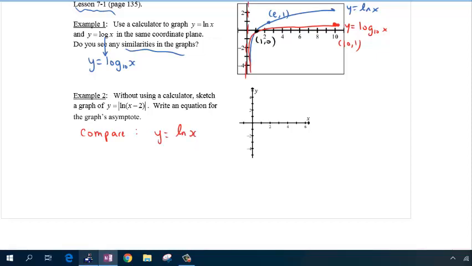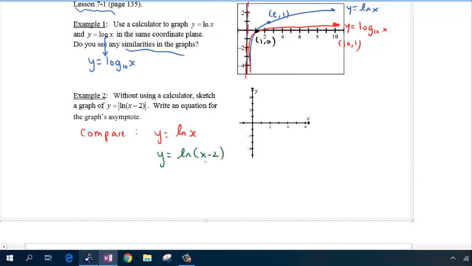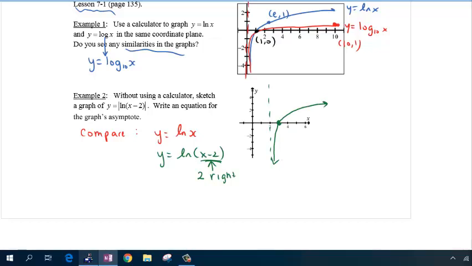If I change the x to x minus 2, how does that affect the function? Hopefully you remember that this is a transformation 2 to the right. So I can automatically say my asymptote is now 2 units to the right. That point (1, 0) is now at (3, 0), and I can quickly graph this out. There's my graph of y equals the natural log of x minus 2.